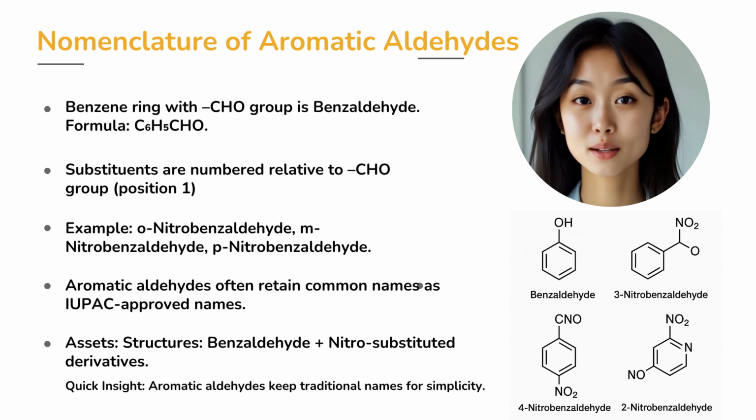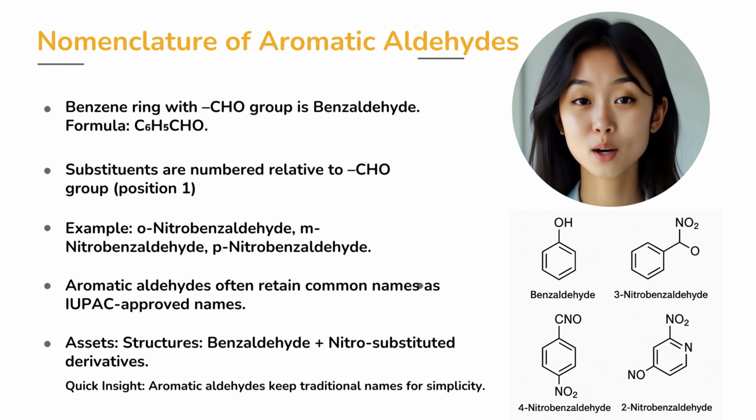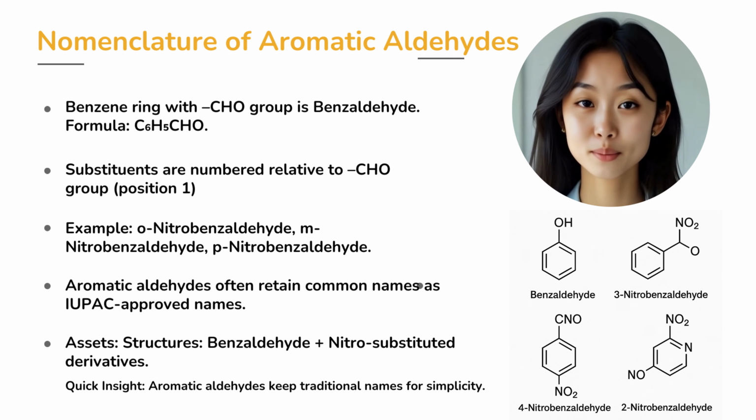For instance, you can have ortho-nitrobenzaldehyde, meta-nitrobenzaldehyde, or para-nitrobenzaldehyde depending on where the nitro group sits on the ring. Aromatic aldehydes like vanillin, which gives vanilla its characteristic flavor, retain their traditional names even in IUPAC nomenclature. This shows how historical usage and systematic rules often blend together in organic chemistry.